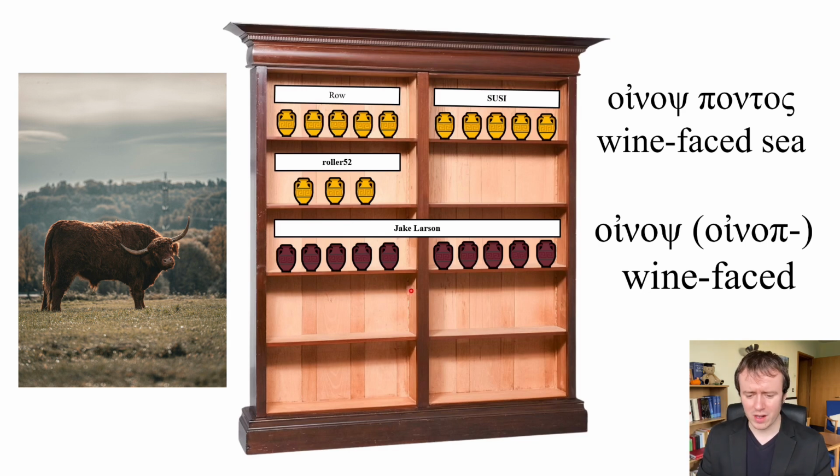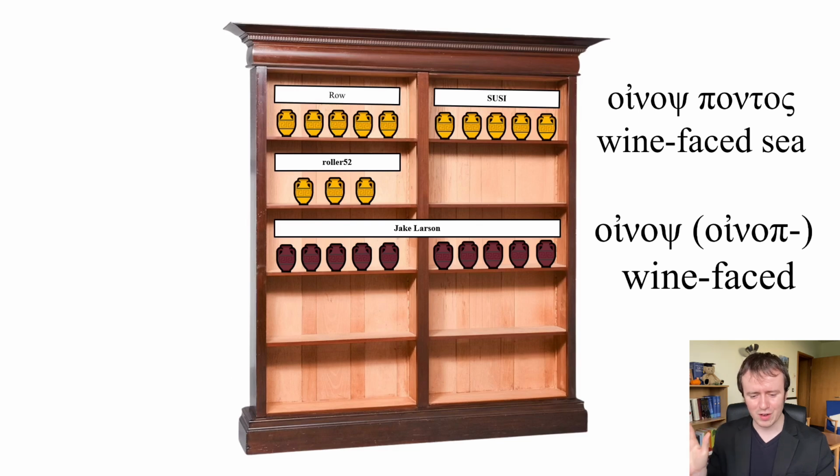So that's why I have rendered Jake's amphorae as the same colour as our wine is, in effect, because it seems to me that the colour of oxen is closer to the colour of our wine than it is to blue. Oxen aren't very blue, okay, so I've understood the term as meaning wine-coloured in some sense, but I don't actually have a firm opinion on the meaning of oinops, okay?